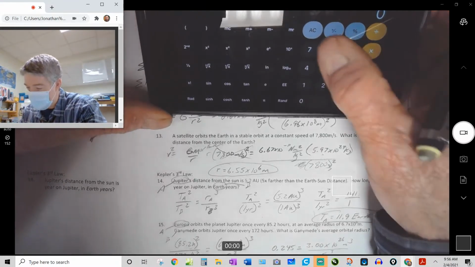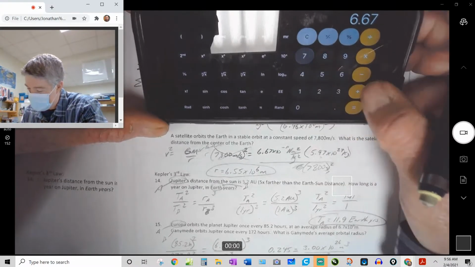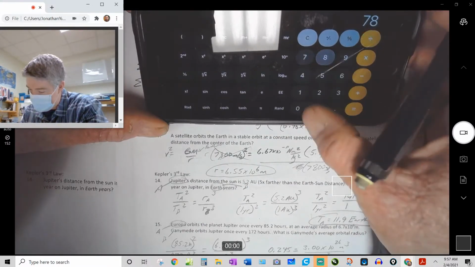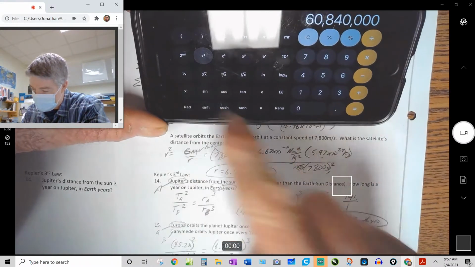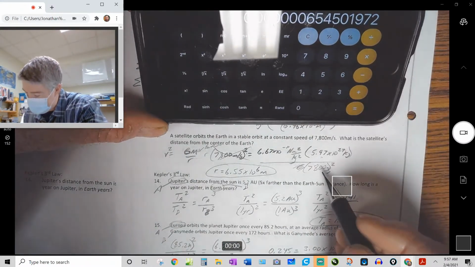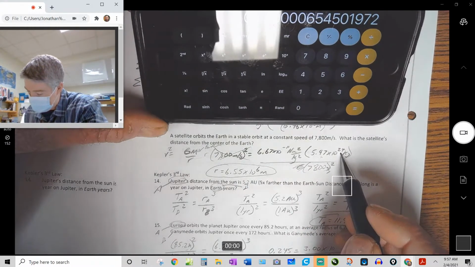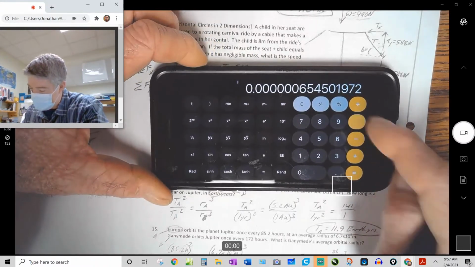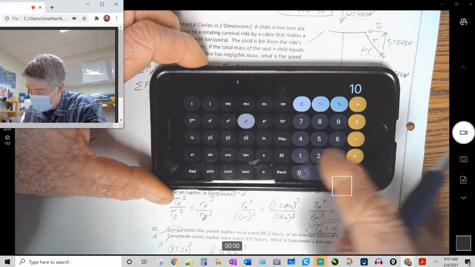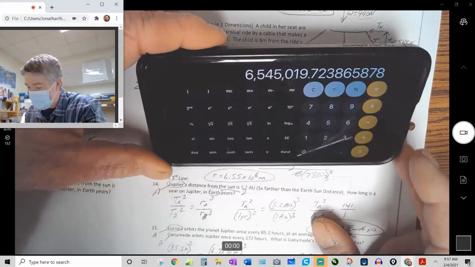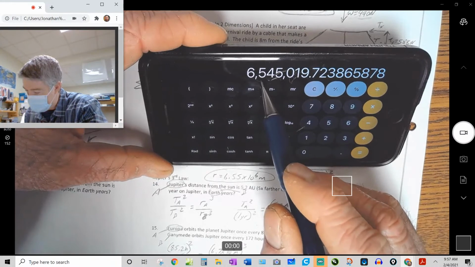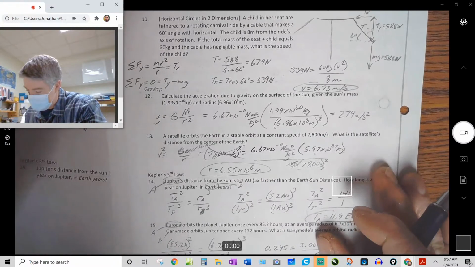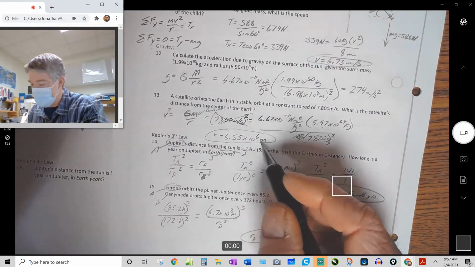So this looks a lot like what I just did. 6.67 times 5.97 divided by 7,800 squared equals. And then I'll deal with the exponents. 24 minus 11 is 13. So it's going to be times 10 to the 13th. So I get that, which looks like 6.5 times 10 to the 6th. Yeah, 6.55 times 10 to the 6 meters.